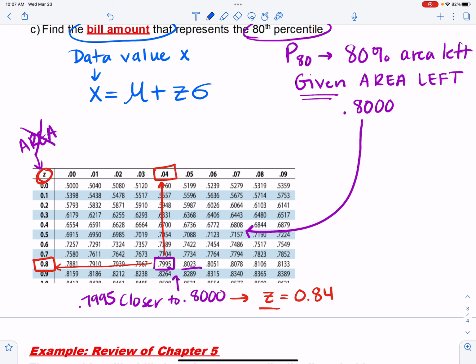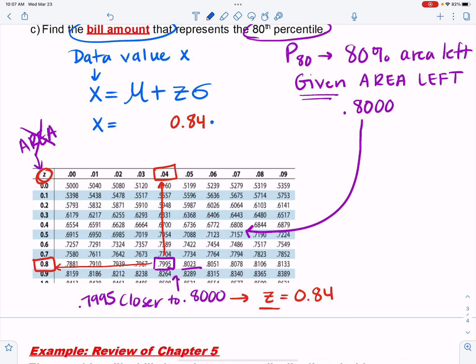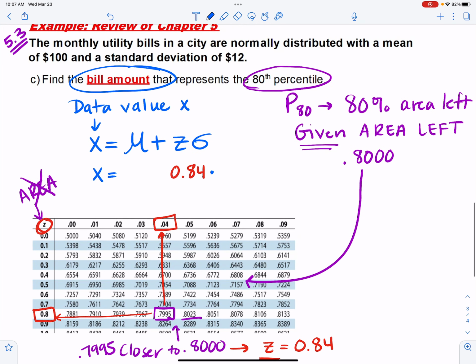Mean plus z times the standard deviation. So to get the bill amount, I'm going to take that z-score I just got from my table, 0.84, multiply it by the standard deviation, which is 12 here, and add that to the mean, which is 100.